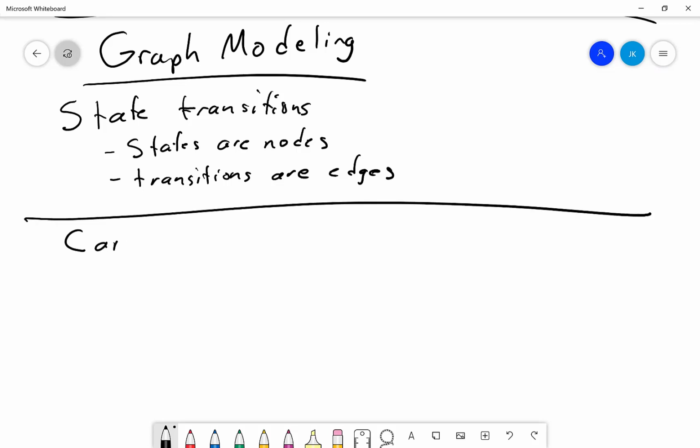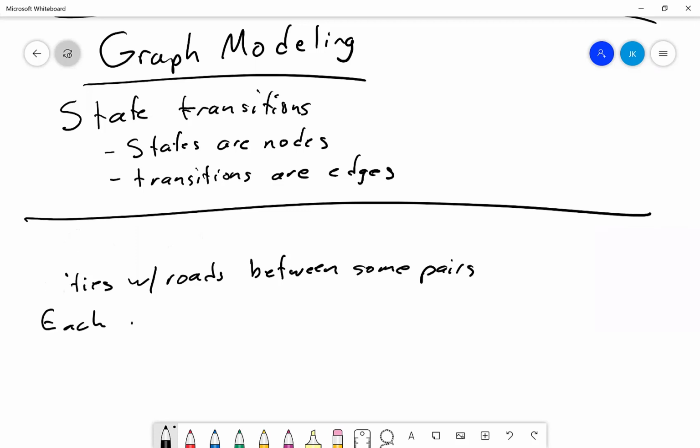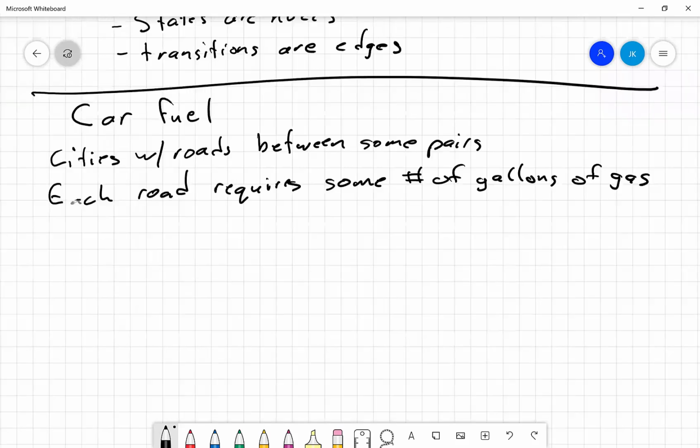And so this is going to be a car fuel problem. And so the idea here is you have a set of cities with roads between some pairs. Each road will require some number of gallons of fuel. Okay.